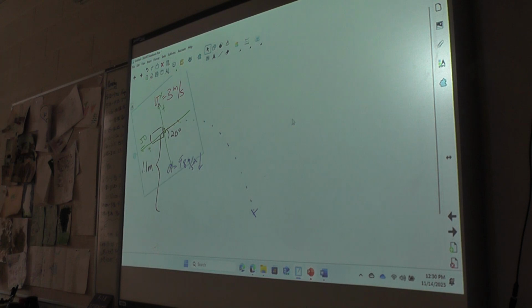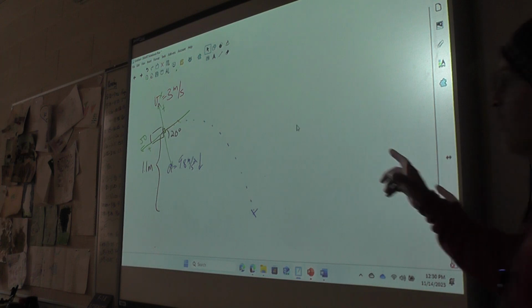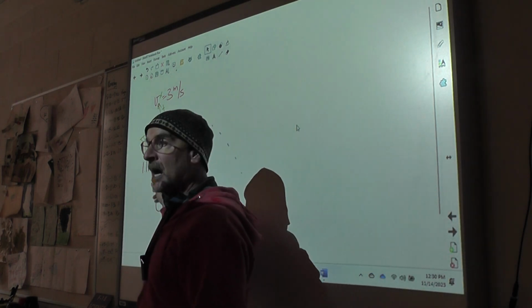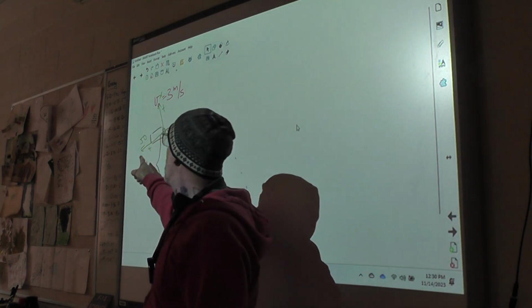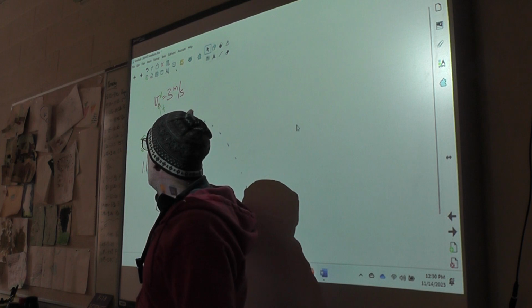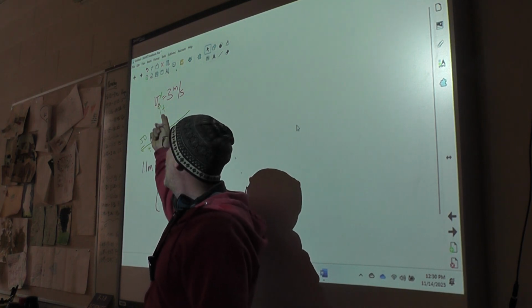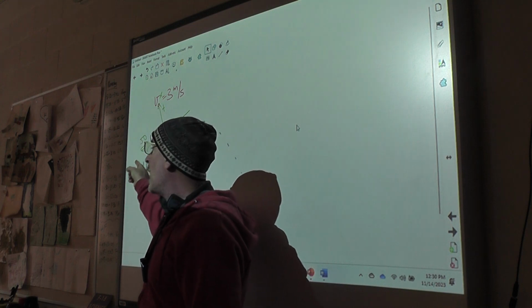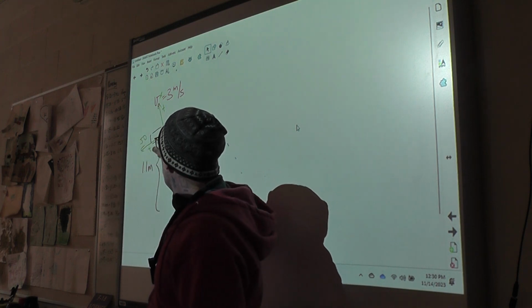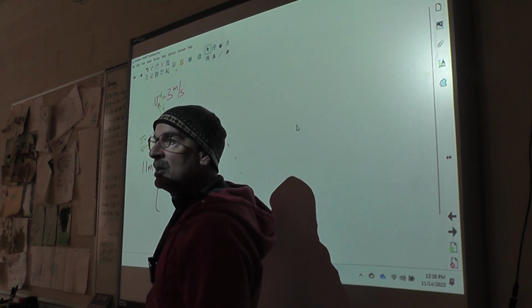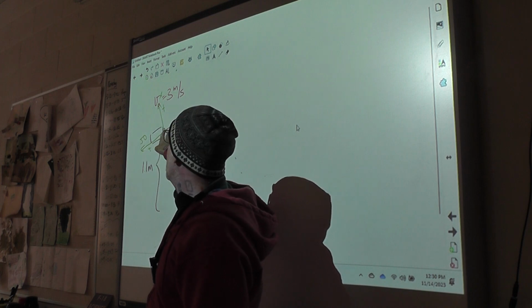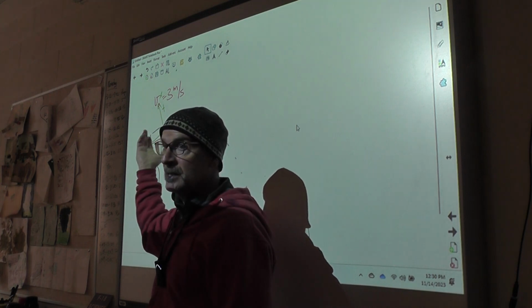If I use this set of reference axes, if I use this y-axis and this x-axis, where positive x is kind of up and to the left, positive y is down and to the left, then this object's initial velocity is in the negative direction on the y-axis.